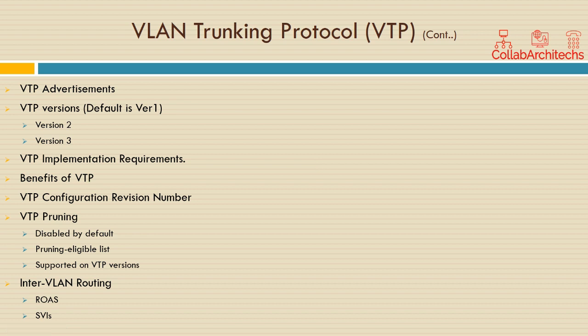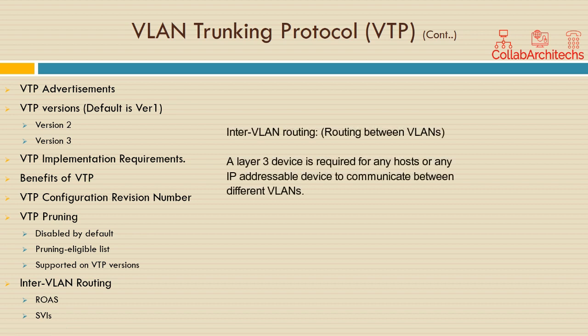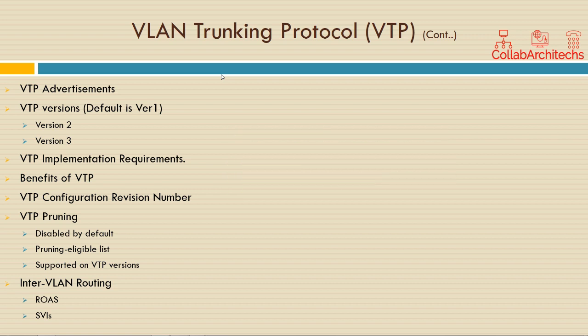Now let's discuss inter-VLAN routing, routing between VLANs. A layer 3 device is required for any host or any IP addressable device to communicate between different VLANs.